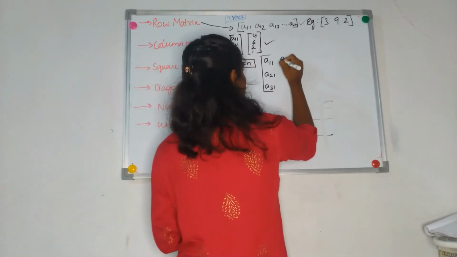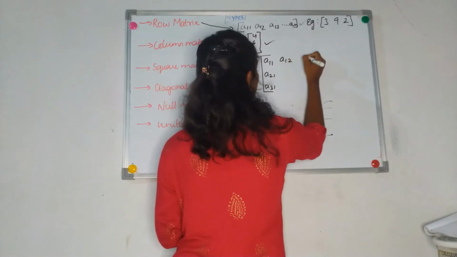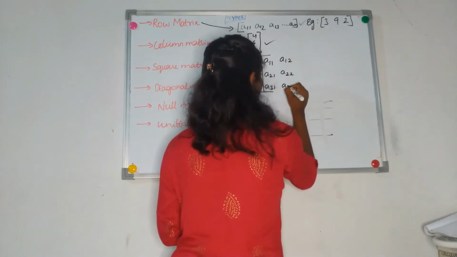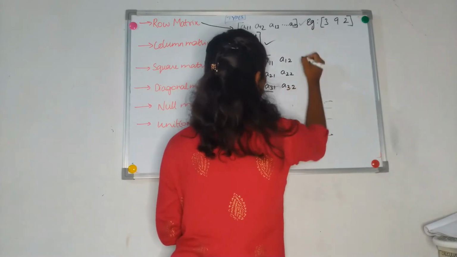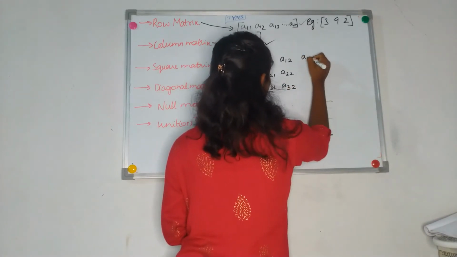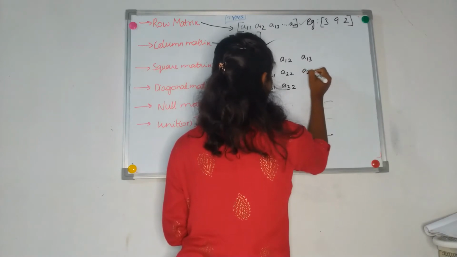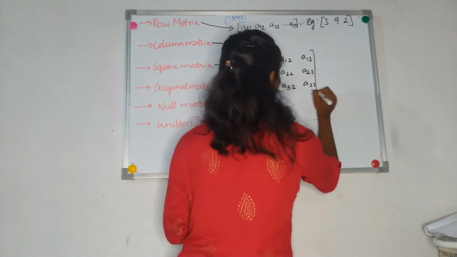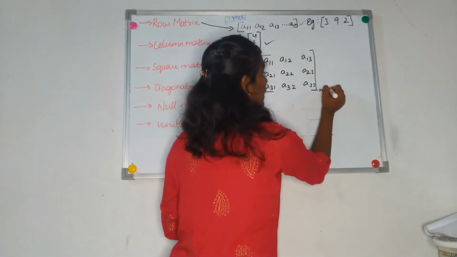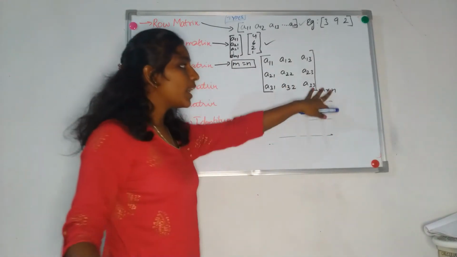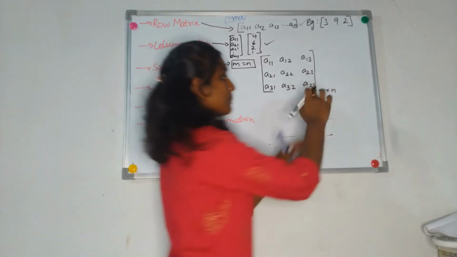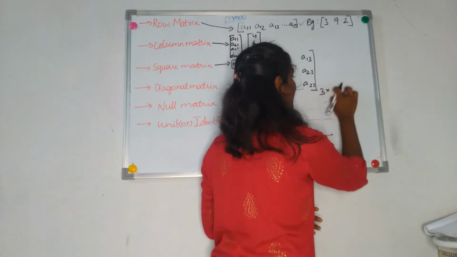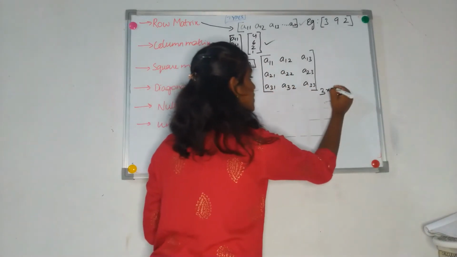In the same way, A12, A22, A32, and A13, A23, A33. So here m into n, what is the number of rows you have here? The number of rows you have here is 3, and the number of columns you have here is also 3.